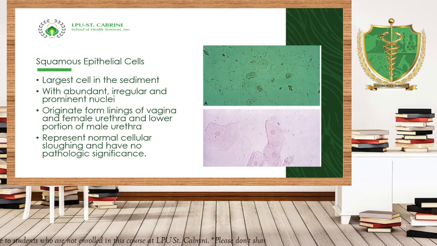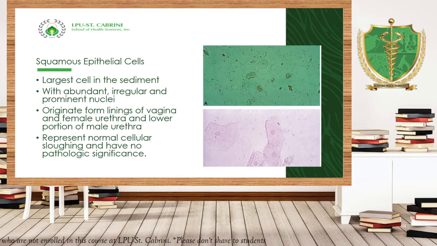Okay, so let's discuss first the squamous epithelial cells. This is the largest cell that can be seen in the urine sediment, no? And it originates from the linings of the vagina, for female of course, urethra, and lower portions of the male urethra. Again, this is considered common. Ngayon, kailan lang siya nagiging significant?